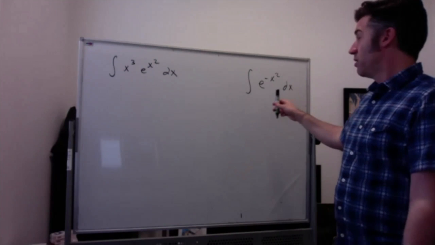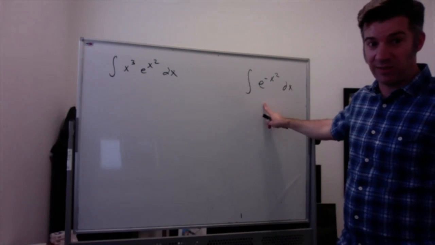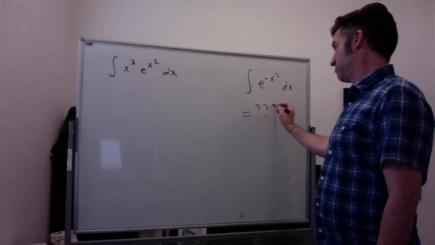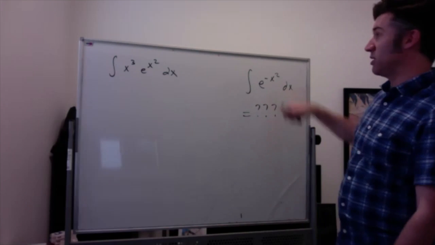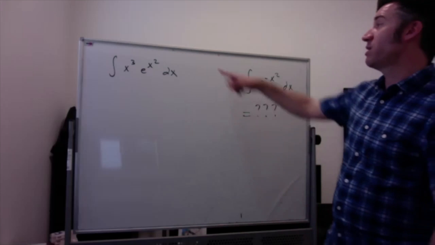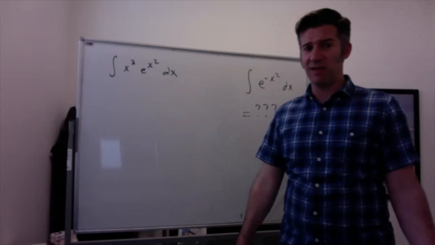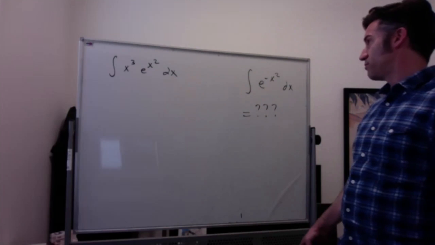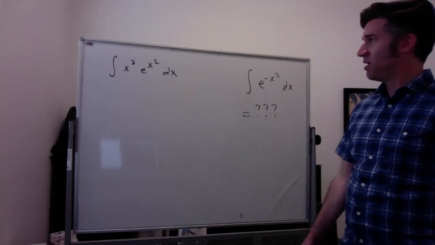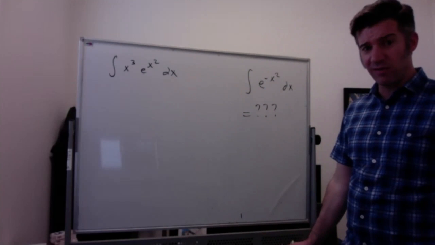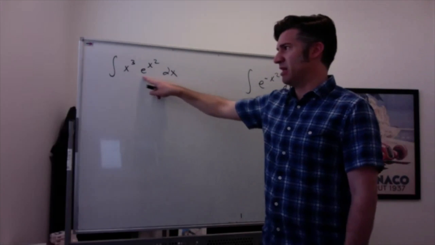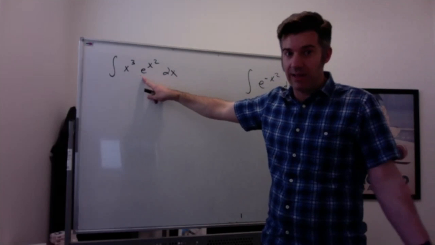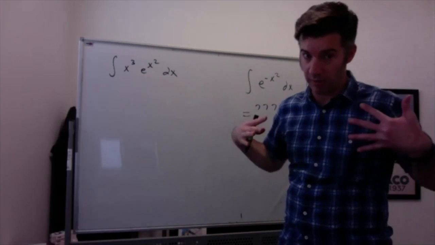Anyway, the point is you can't integrate this, right? There's no nice elementary function whose derivative is equal to e to the negative x squared, or e to the positive x squared. Really, e to the anything super complicated. So I can't really do integration by parts here, because I can't let dv be this, because I cannot integrate that.